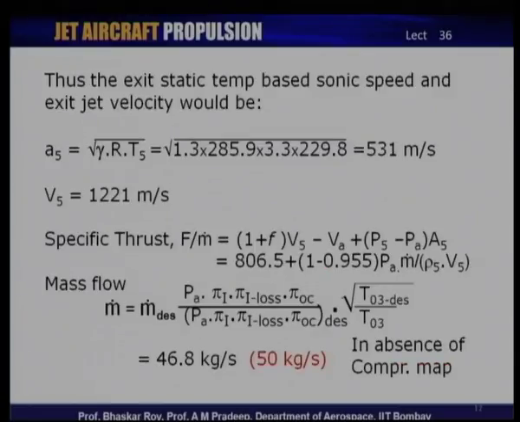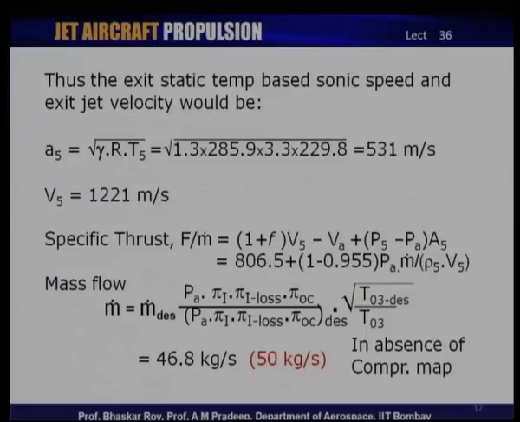If we now try to find out what is happening at the exhaust condition, first we find the sonic speed based on the exhaust temperature we have already found. Using root over gamma R T at the exhaust face, with the values of gamma gas and R of the gas, we get a sonic speed of 531 meters per second at the exhaust condition of the jet engine. Correspondingly, from the Mach number of the jet exhaust, we get the exhaust velocity V5, or V exhaust, as 1221 meters per second.